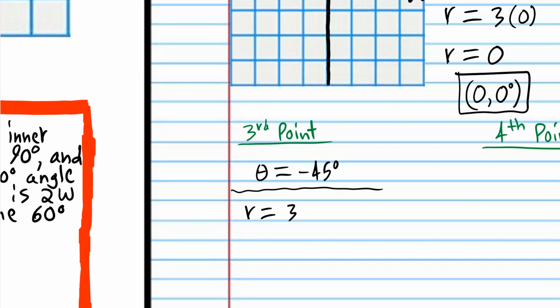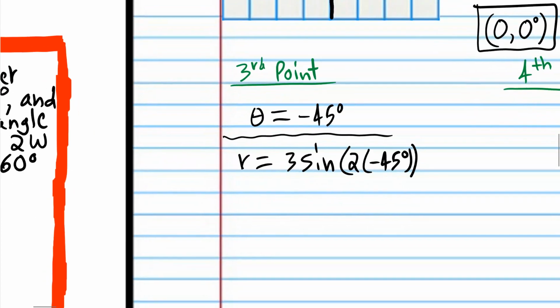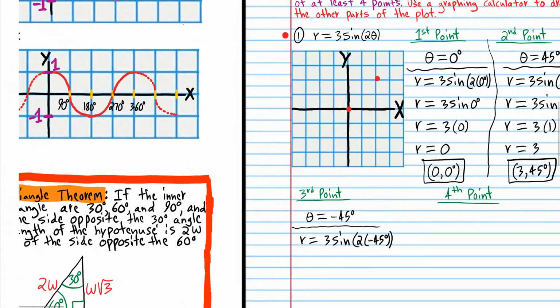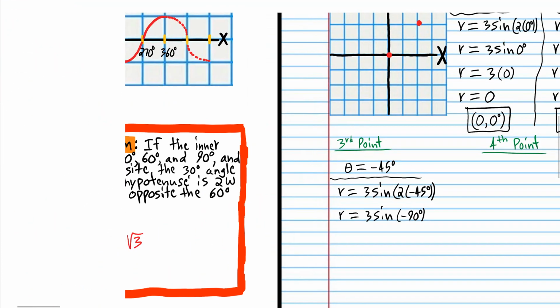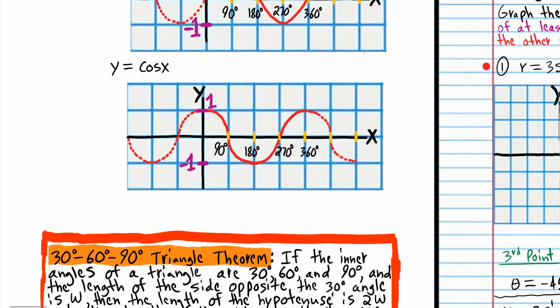R is equal to 3 times sine 2 times negative 45 degrees. So we have 3 times sine negative 90 degrees. And how do we calculate sine negative 90? That's a collapsed triangle.